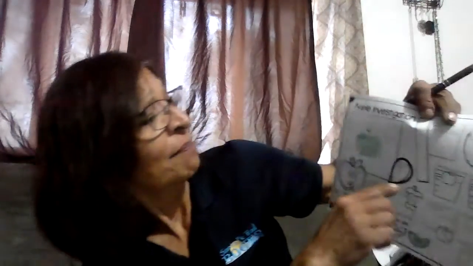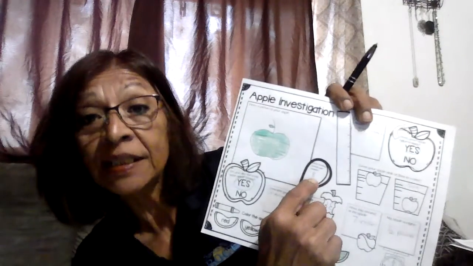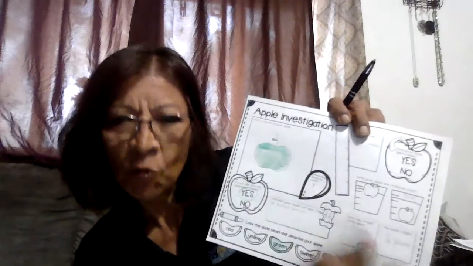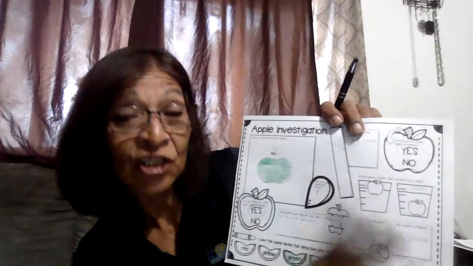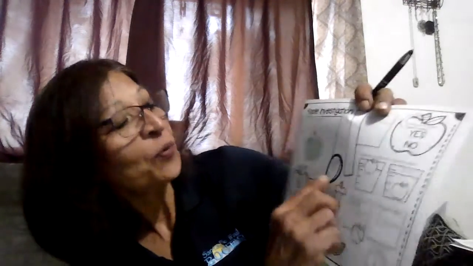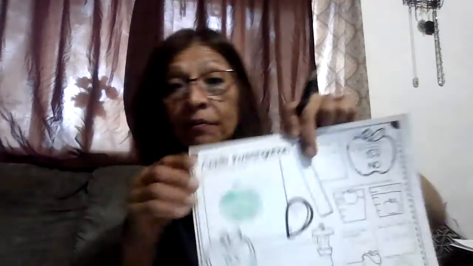Okay. It asks how many seeds are in it. Honestly, I have never counted the seeds in an apple. But I do know that when I cut it in fourths, there are at least 2 seeds in each section. So I put that there were 8 seeds. Here it says, how tall is my apple? I estimated that my apple was probably about this tall.